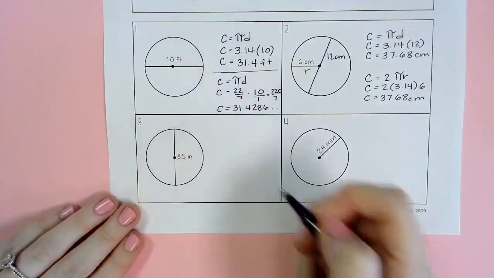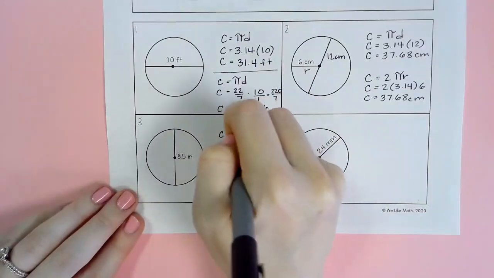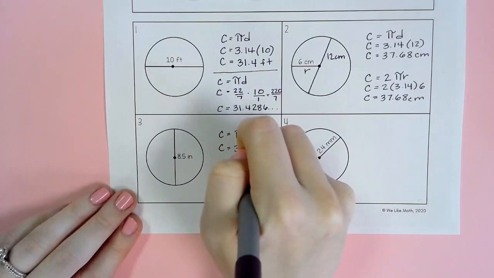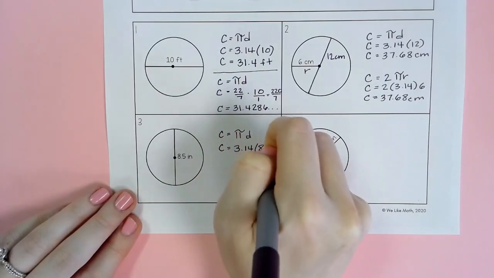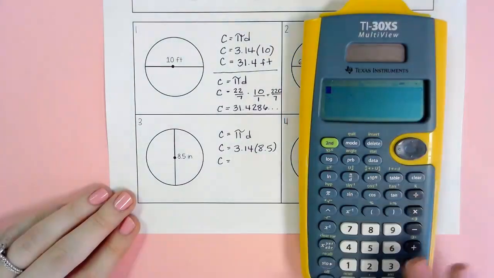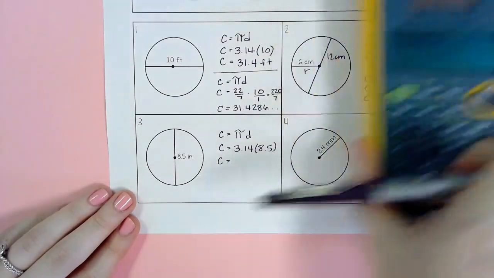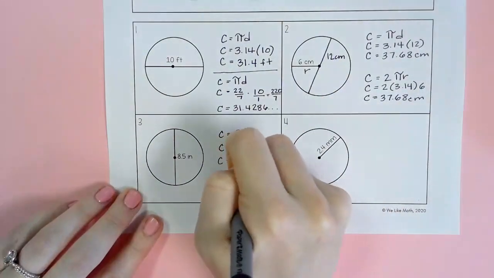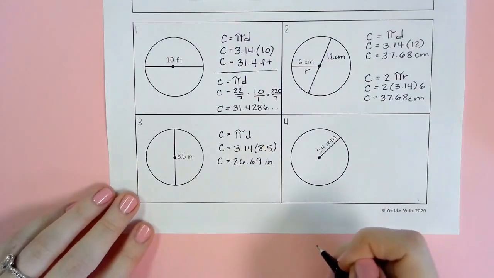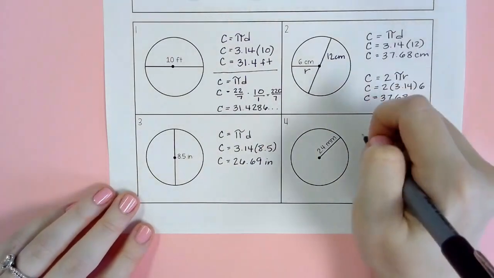All right, moving on to number 3. Here I'm given a diameter, so I'm going to use C is equal to pi times diameter. C is equal to 3.14 times 8.5. C is equal to, on my calculator, 3.14 times 8.5. I get 26.69 inches. All right, moving on to my last one.